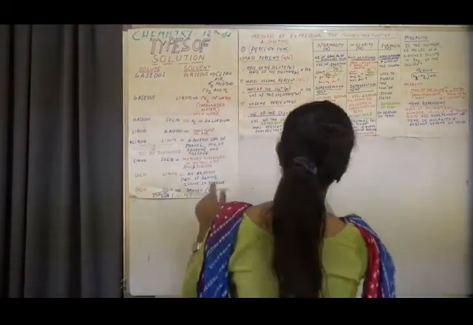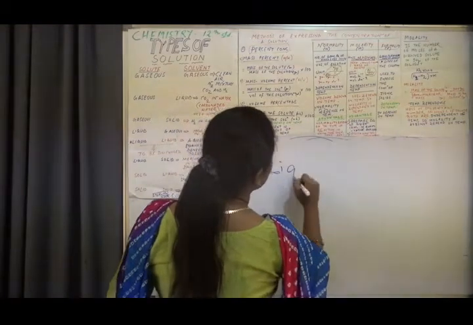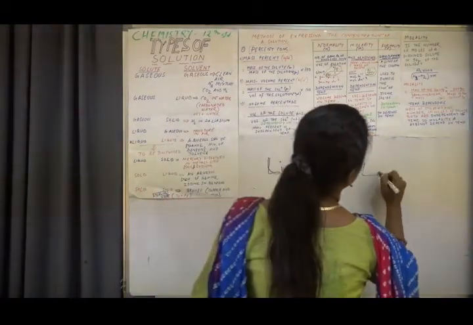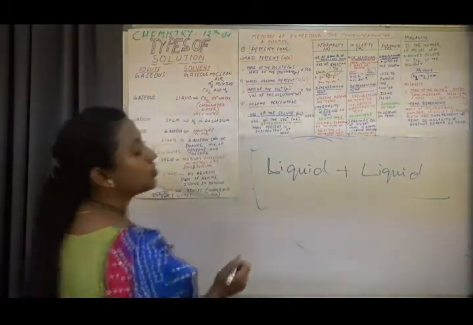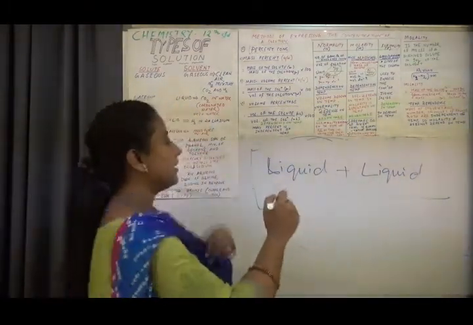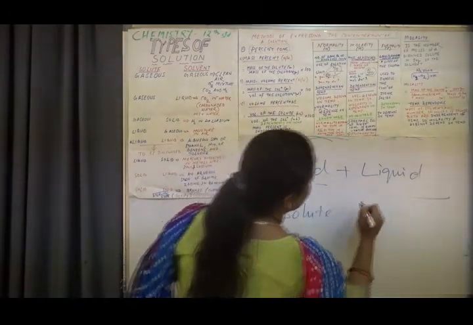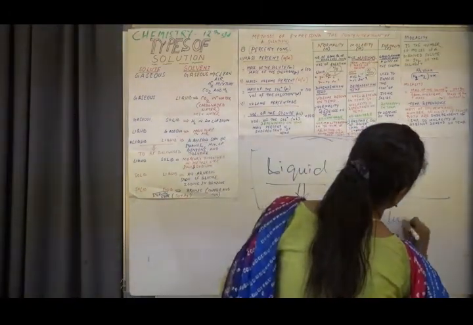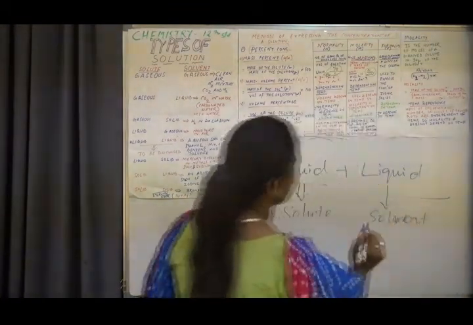Then coming to the very important one, which covers the whole topic here, liquid and liquid. Our chapter is based on this only. In an example of liquid and liquid, the solute is a liquid and similarly the solvent is also a liquid.